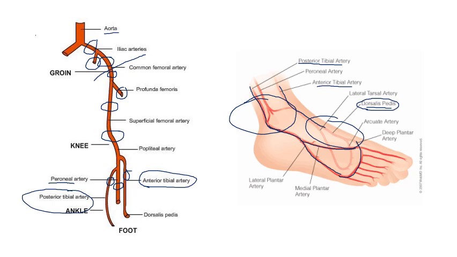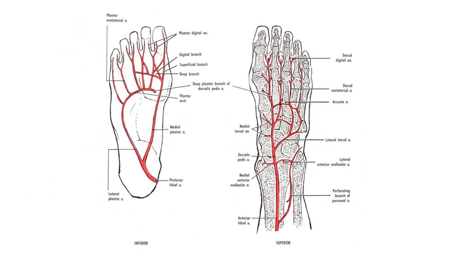So if we look into detail on the foot right here, on the left side you are looking at the foot from underneath, so the plantar part, the inferior view, and on the right side you're looking at from above, so the superior view. And if we look at the below, this is the posterior tibial.